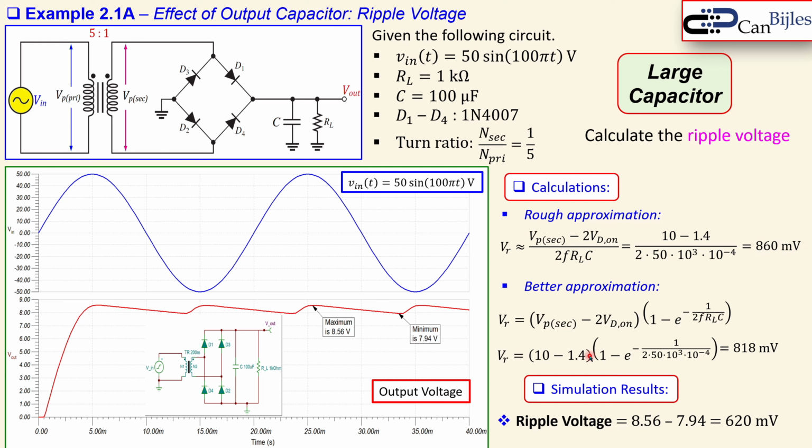Again, it is not exact. Why is this not exactly as this one? There are 2 reasons. First, the diode is not exactly 0.7. But the more important reason is this F we use is the period. 1 over F is the period, because it is from this point to that point. But that is not true, because from the maximum value to the minimum value of that decay is not half the period.